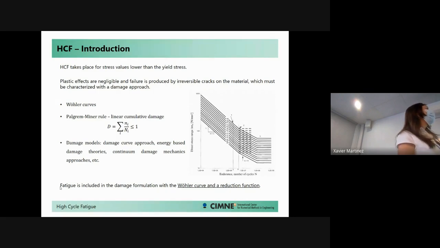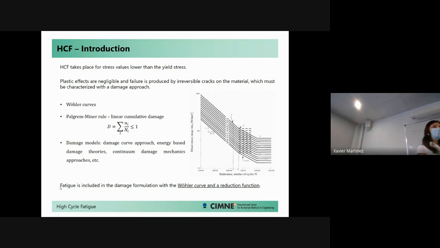Now, there are some tools that are currently used by engineers throughout the whole world, in different industrial ambits, for instance in the aeronautical domain, in the automotive domain, etc. Of course, the most famous ones and the easiest to use, I have to admit, are the Euler curves that Xavi already mentioned, and also the Palmgren-Miner rule.